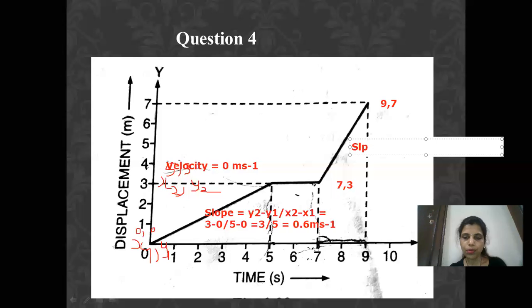Now I'll be using the formula over here to find the velocity. Slope is equal to y2 minus y1 upon x2 minus x1. That is equal to 7 minus 3 upon 9 minus 7.